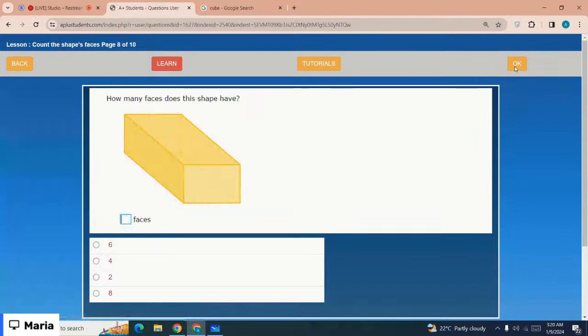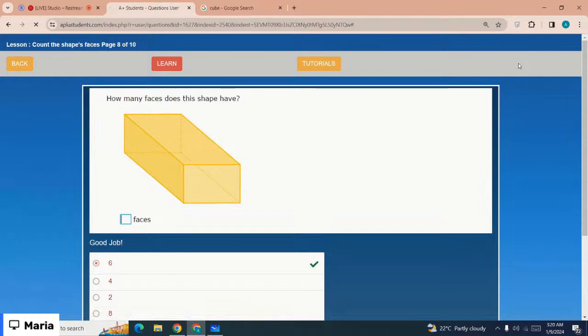Okay, how many faces does this shape have? Which is the correct option? The shape has, yes, six faces. The correct option is six.